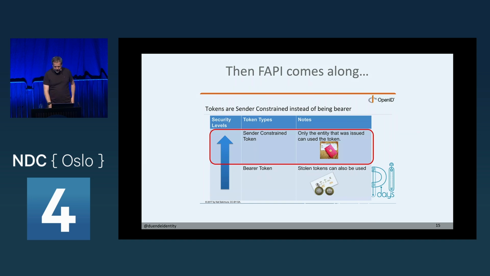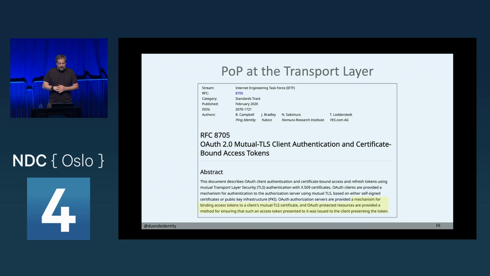Why can't we leverage a technology that is widely deployed at banks, PKI, X509, mutual TLS, and use that to bind access tokens to the client certificate that is used to open the TLS connection? The beauty of that idea was that all of the technology already existed if you already had PKI and mTLS. And that is exactly what this spec is about. It was released in 2020.